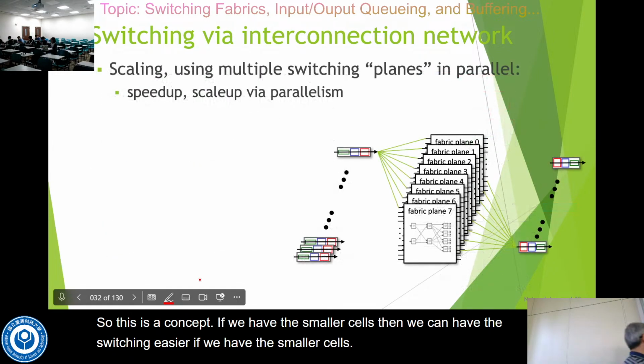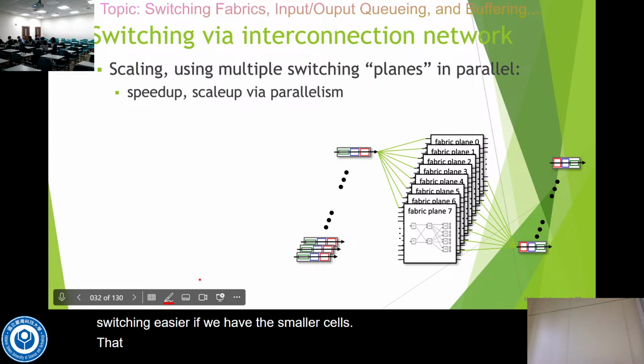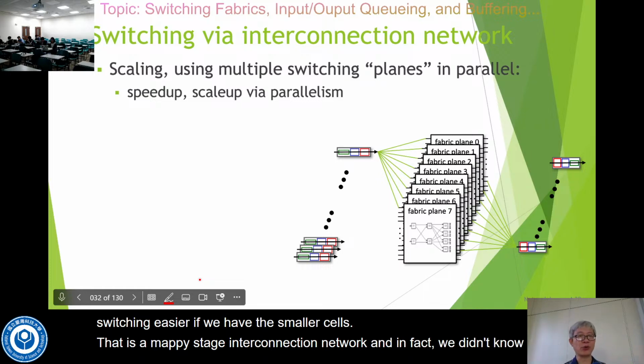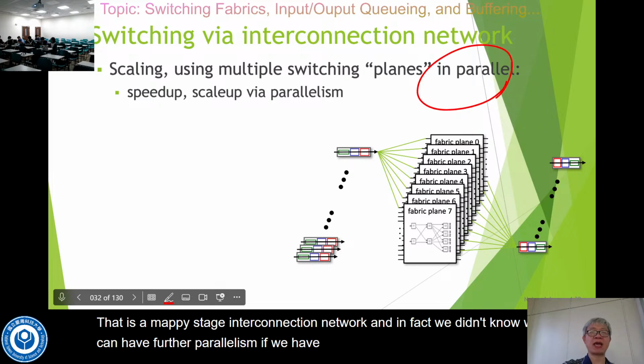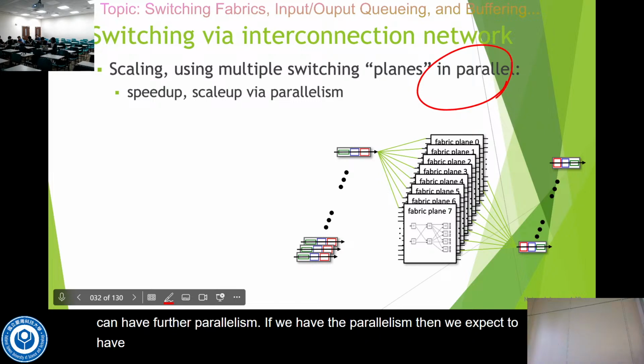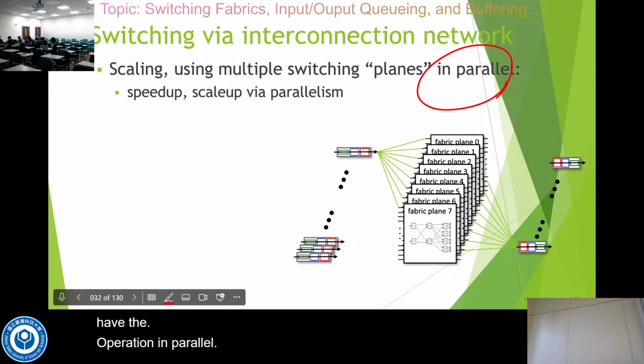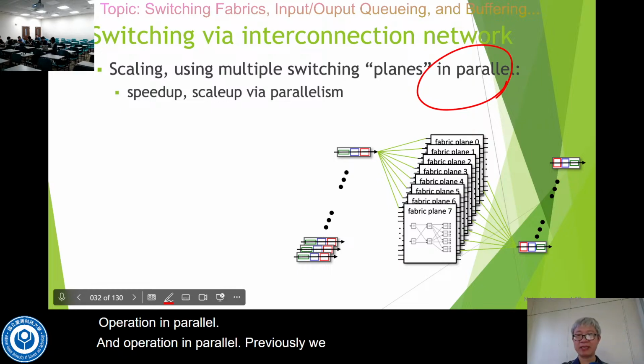Well, that is the multi-stage interconnection network. And in fact, with that node, we can have the parallelism. If we have the parallelism, then we expect to have operation in parallel. And for the operation in parallel, previously we can have the multi-stage one.